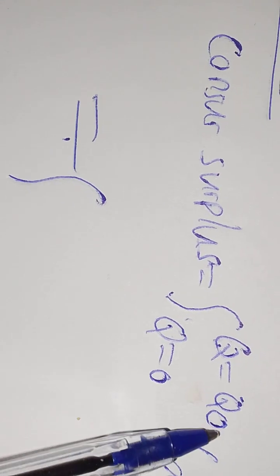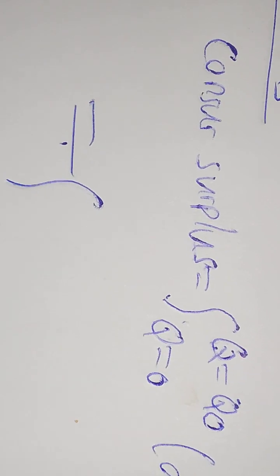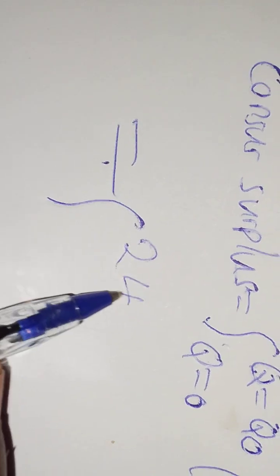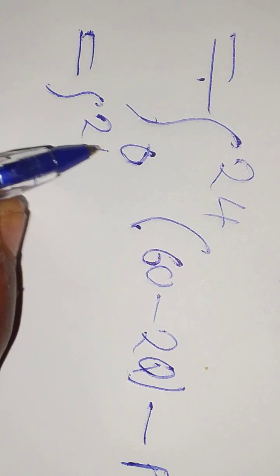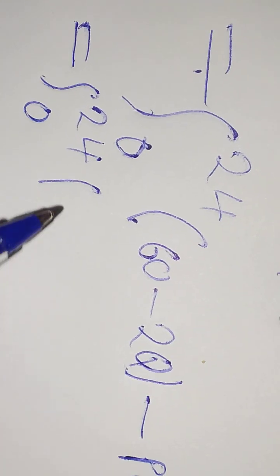So what's the demand Q0? You have answered it to be 24. Our initial quantity is 0. Our demand function is 60 minus 2q, minus P0 Q0. So it's the integral with 24 here and 0 here, dq.